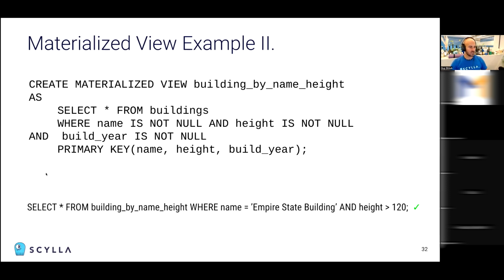Okay, so let's see. I see there are some questions. So there's a question, if I have columns that need to correlate that are in two different column groups. I hope I understand the question correctly, but if we need to coordinate columns from two different tables, then we can create a table that would include both of these columns.